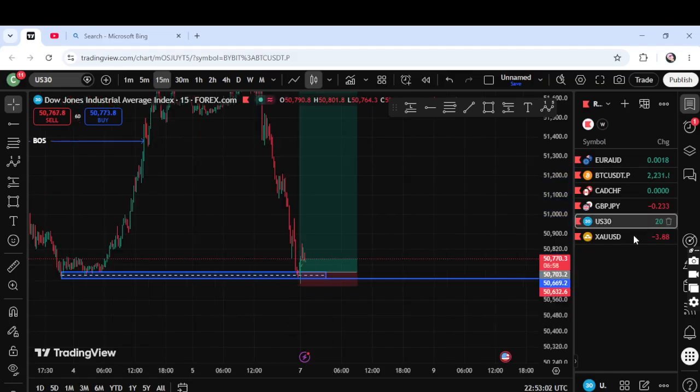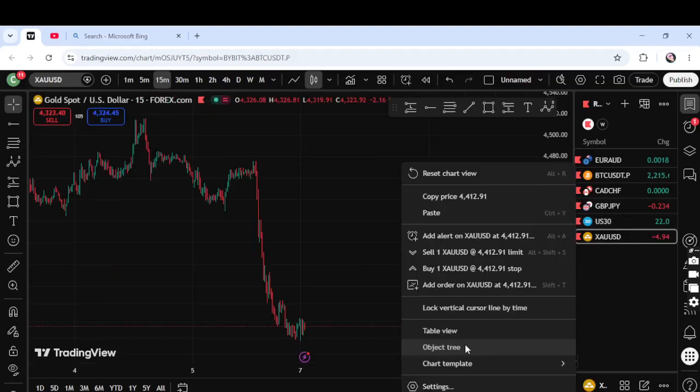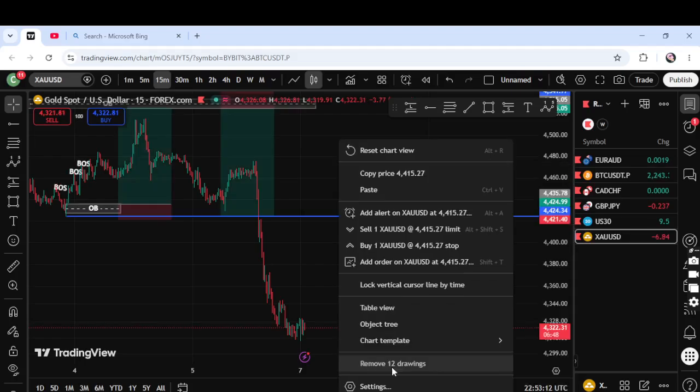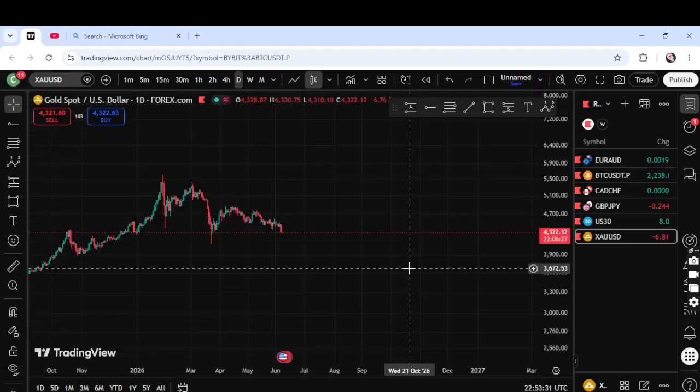So if you do SAUSD, daily time frame. You can see that SAUSD is in this time frame.